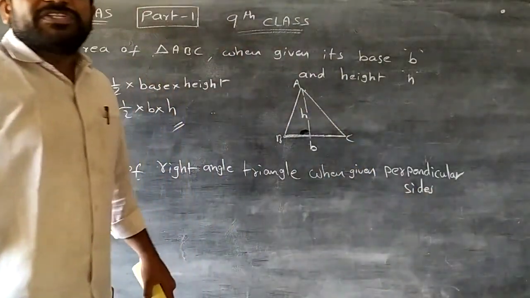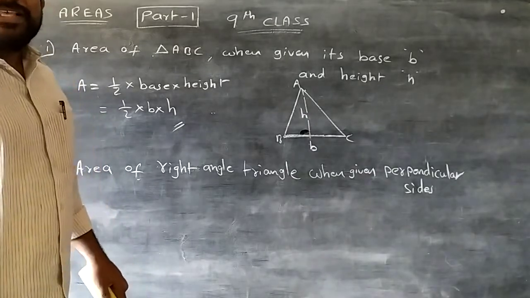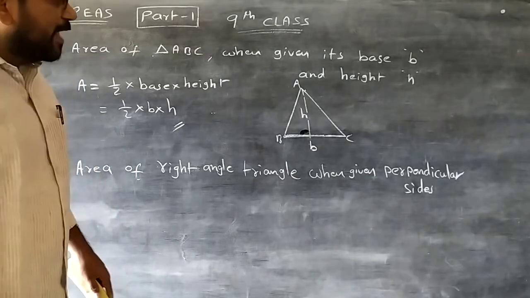Perpendicular sides means the sides which are perpendicular, meaning the angle between the two sides is 90 degrees. Then the sides are called perpendicular sides.